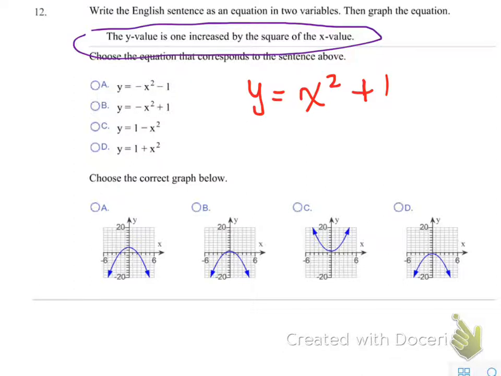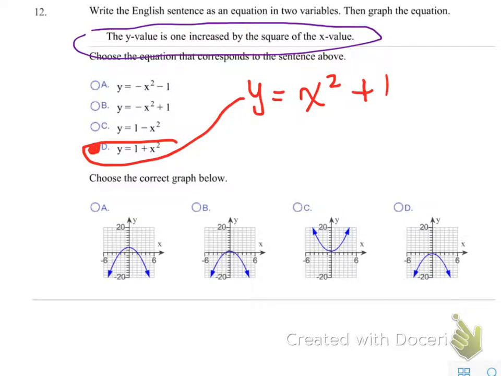Now notice A, B, C, and D don't exactly match, but this D means the same thing. So D has to be our solution. This is the y value increased by, the y value is 1 increased by the square of the x value.